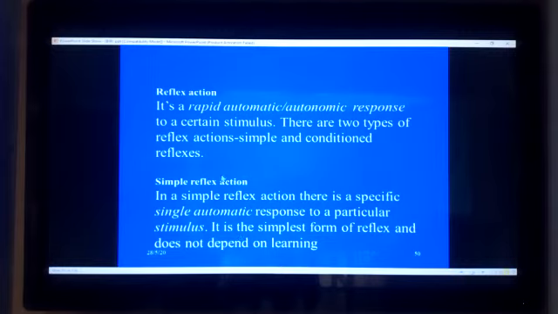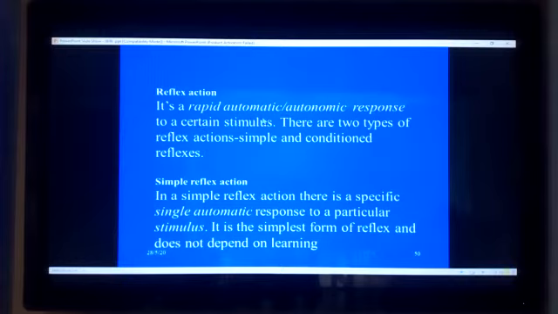It is a rapid automatic, sometimes you can use the word autonomic, response to a certain stimulus. So in this case, it's rapid. That means that our brain may not be involved. Actually, the brain will be involved later on, a few seconds after a response has been done.